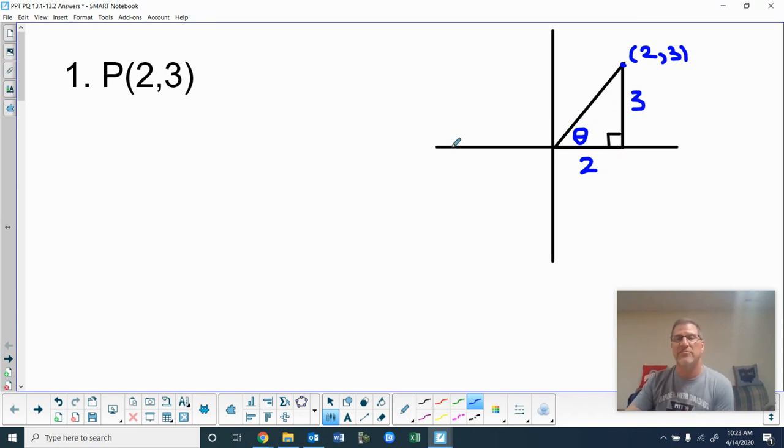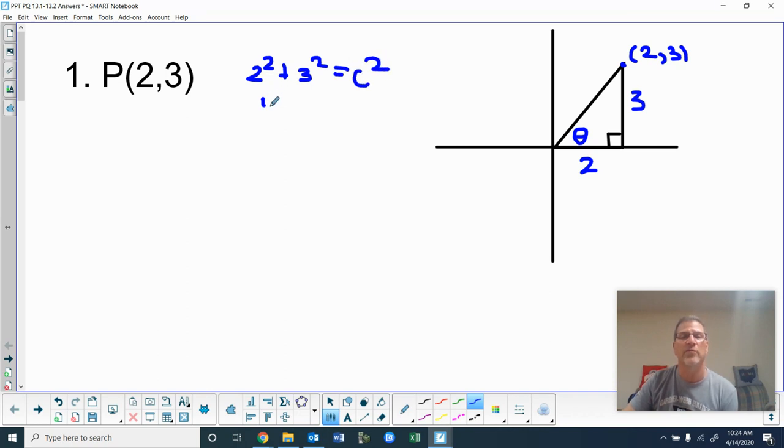So before I can find those 6 trig ratios, I've got to find the length of the hypotenuse. That's when I use the Pythagorean theorem. I'm going to go 2 squared plus 3 squared equals c squared. That's the Pythagorean theorem: a squared plus b squared equals c squared.